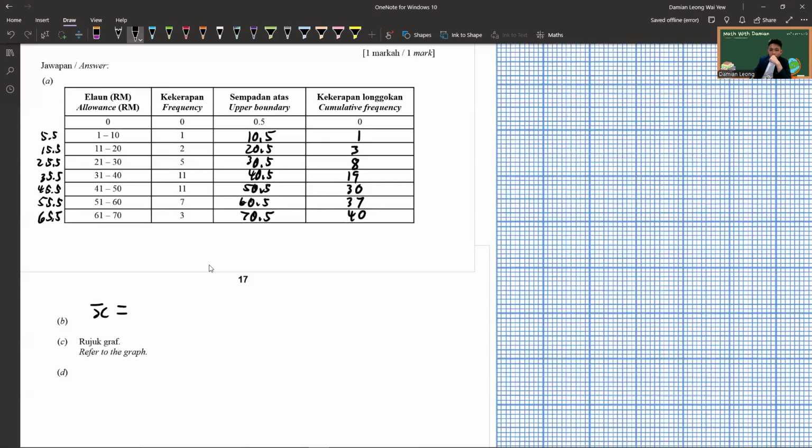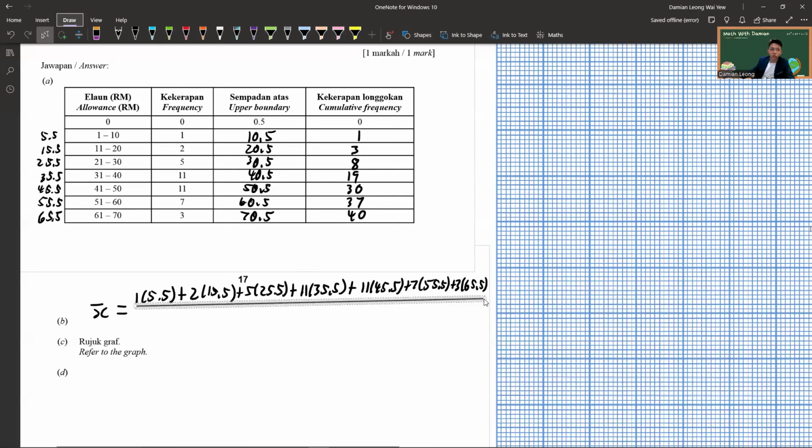Okay, so the mean is 1 times 5.5, each frequency times the midpoint, added together: 2 times 15.5 plus 5 times 25.5 plus 11 times 35.5 plus 11 times 45.5 plus 7 times 55.5 plus 3 times 65.5, over the total frequency.